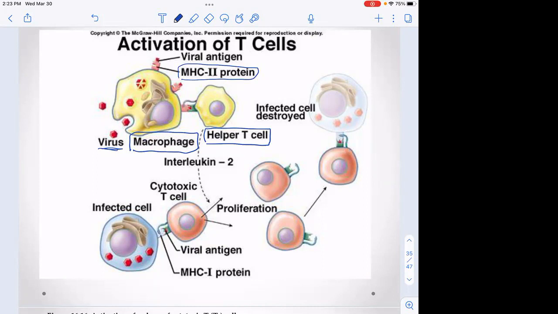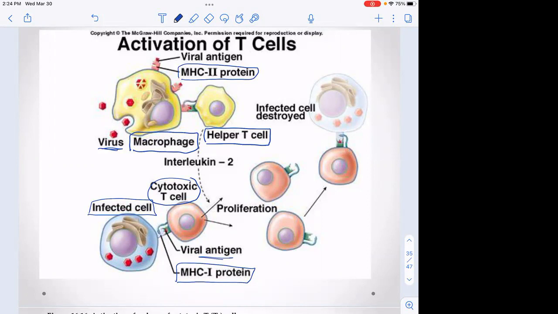Okay, but remember, it's the cytotoxic T cell that actually is going to do the work. When a cytotoxic T cell comes in contact with the same antigen presented by an infected cell with MHC class 1, okay, that synapse is not enough, even though you think, oh, it might have taken a long time for that T cell receptor to find that antigen presented by MHC class 1.